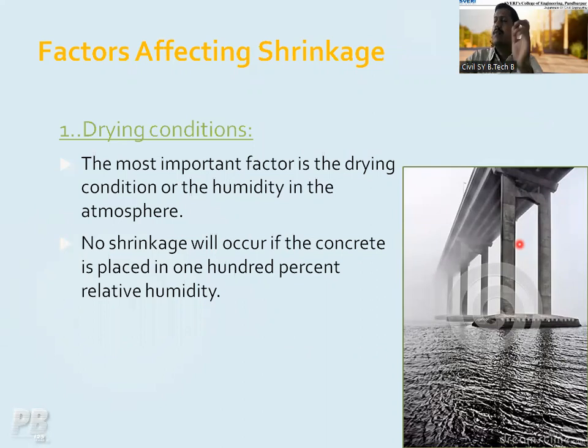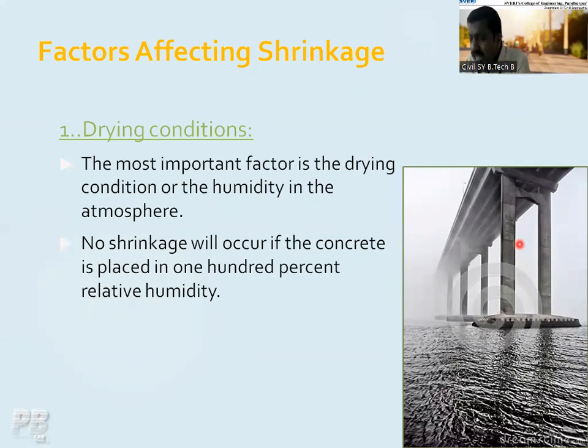Because the column is the same, half the portion of the column is in the water for a constant duration, maybe for 10 years, 15 years, 20 years, and half the portion of the column is in drying condition. Half the portion is directly exposed to sunlight, the sun rays directly dropping on it, and the remaining half is in the water for a long duration.